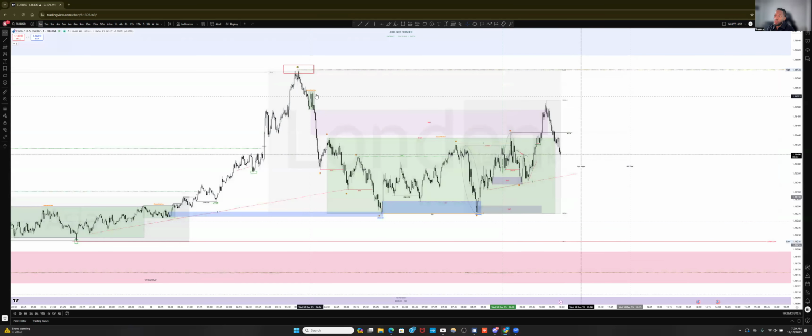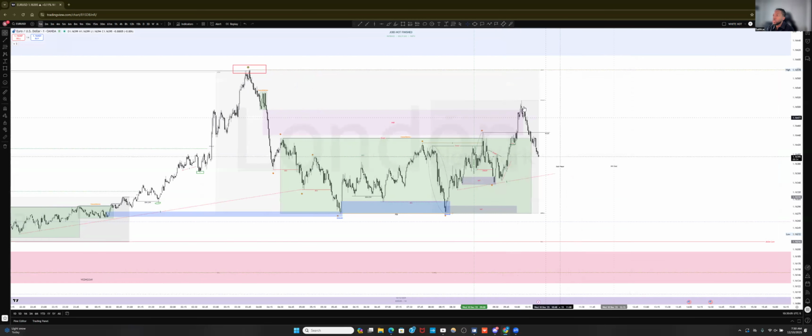Not from this zone, because this high is still not yet taken, but you can see if price gives you lower time frame confirmation, i.e. change of character, break of structure, a two-leg protocol, some sort of entry model to say, okay, this is correct. Right now, all we're getting is just a drop. This could simply just be a retracement, mitigate, push up again. Because of what? Higher low, higher high. Who's to say it's not just going to come make a higher low and then a higher high again?